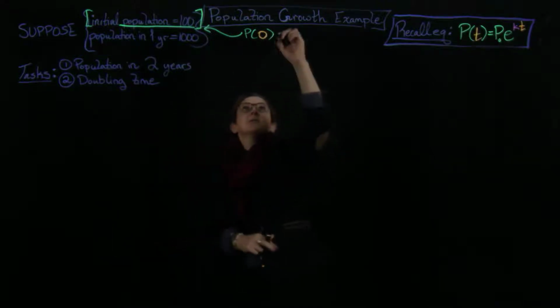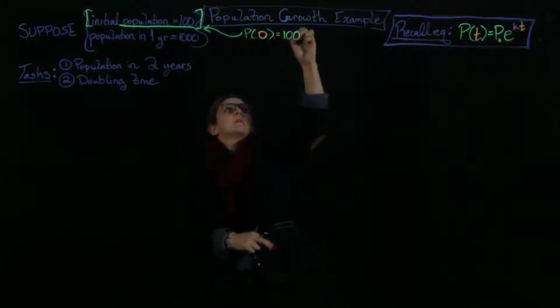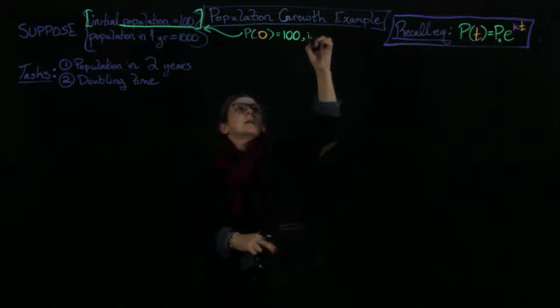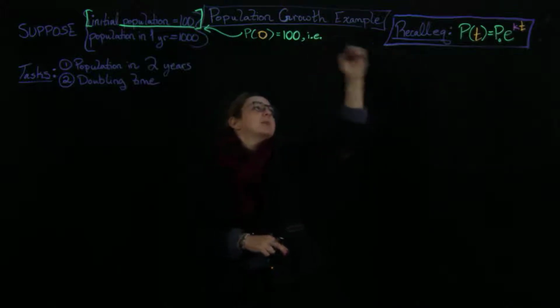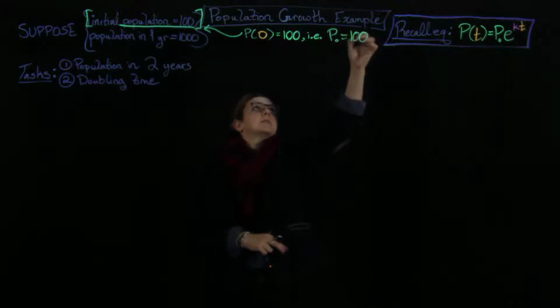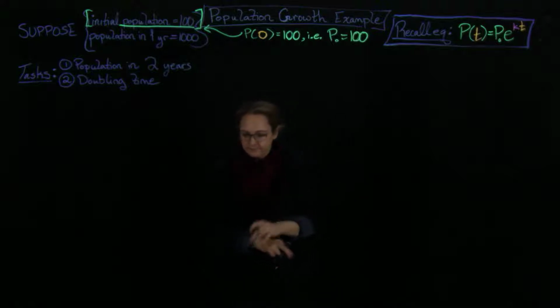So this actually equals 100, right? I.e., this is actually that P of 0 in there equals 100. Right, because we've learned from before that's my initial.